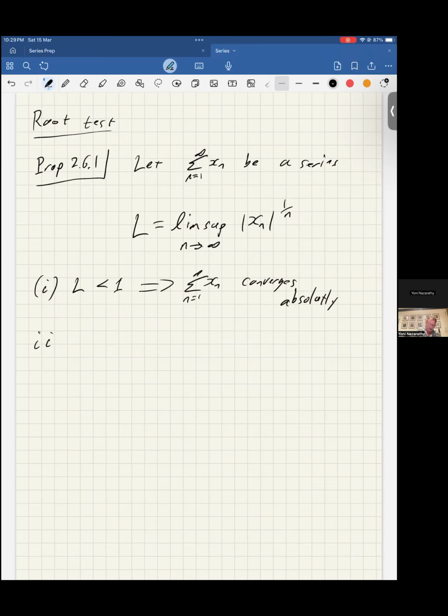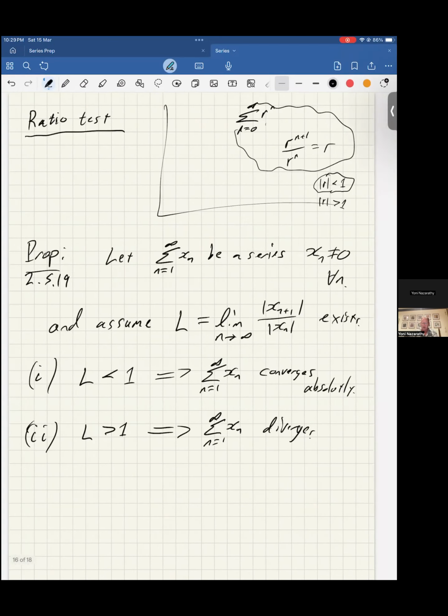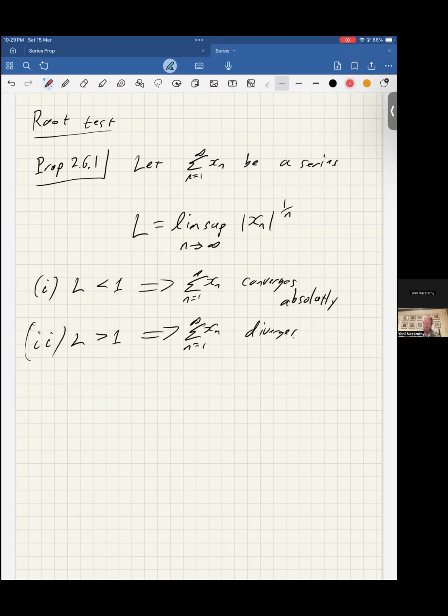And the other case is when this limit or lim sup is greater than 1, then the series diverges. So if you think about the root test and the ratio test, they both look at some sort of limiting quantity associated with the general term of the series.